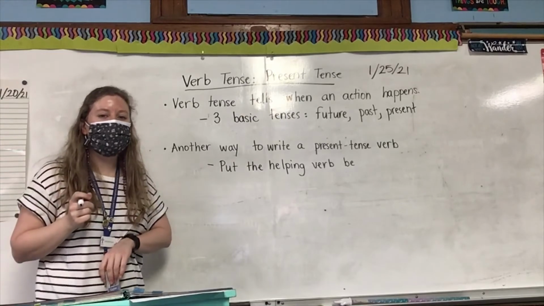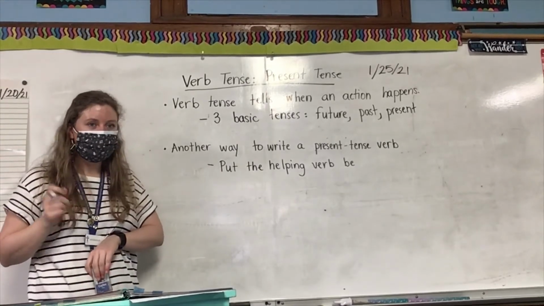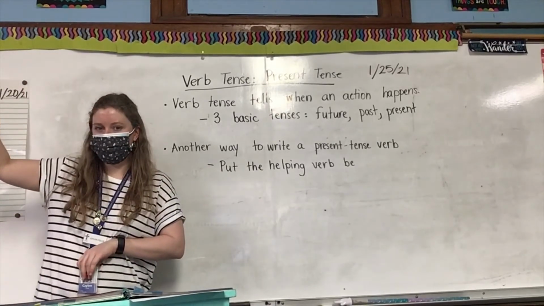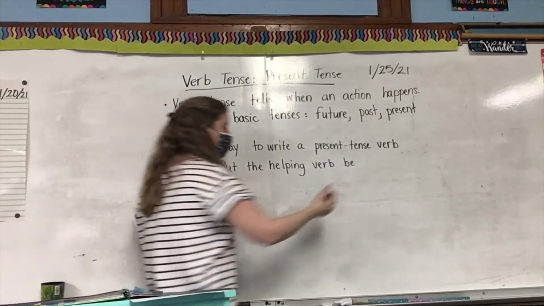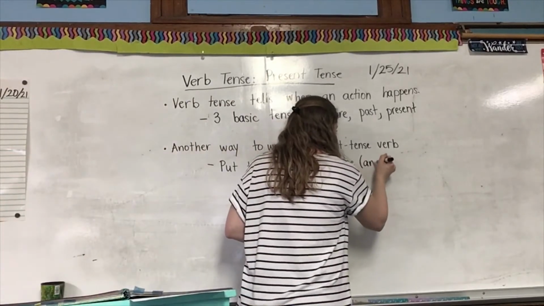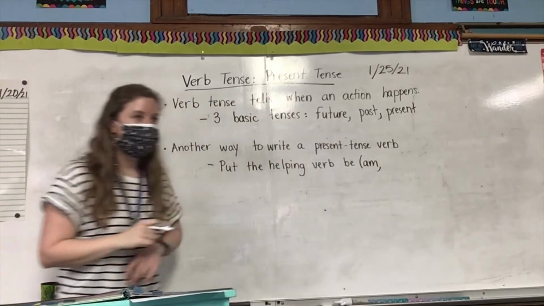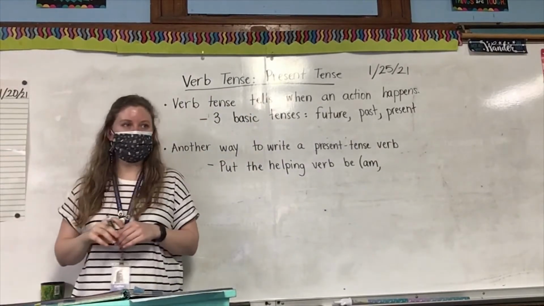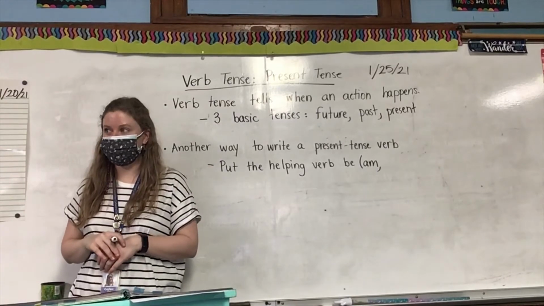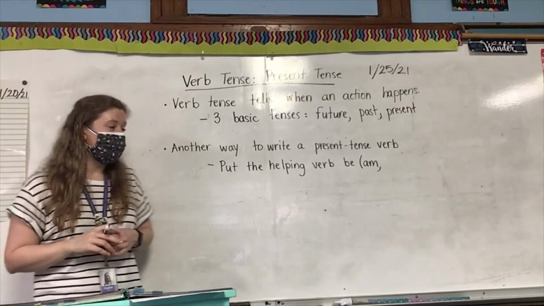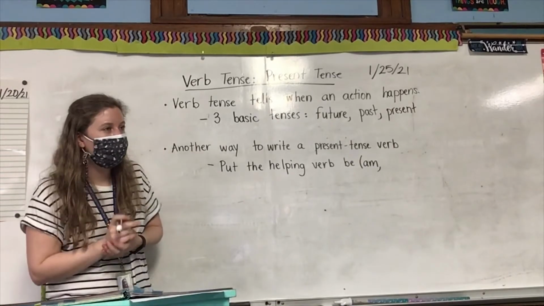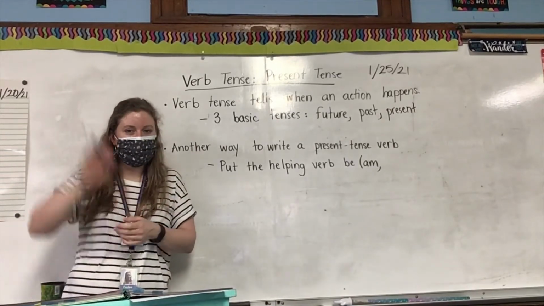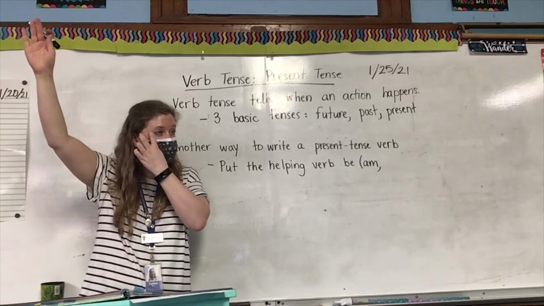Do I say I are looking at the sky? No. What do I say? Victoria? Am. So that's one form of be. What about she be looking at the sky? Do I say she am looking at the sky? Do I say she are looking at the sky? What do I say? Zadie?